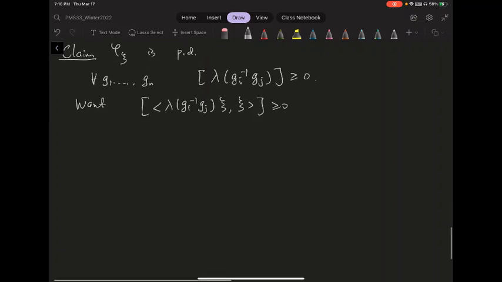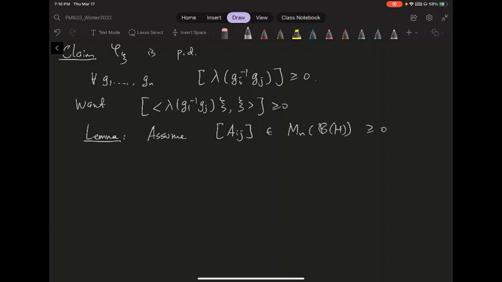Well, let's just prove a more general fact. Let's prove a little lemma. Let's assume that I have some operator matrix Aij, an n by n operator matrix inside B of H, and that's going to be a positive matrix.